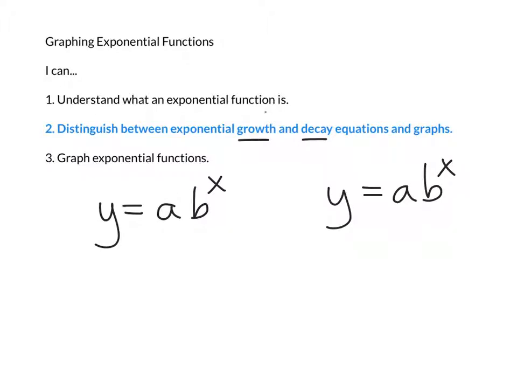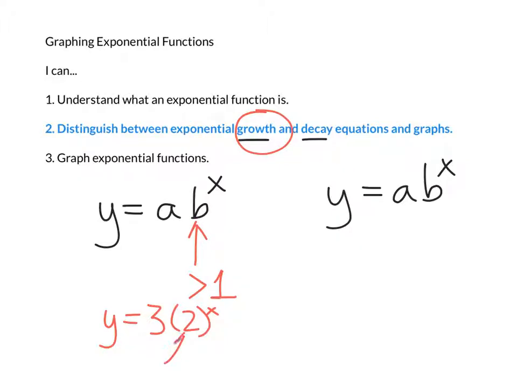If you have exponential growth, this number right here is a number that is larger than 1. So the example I used on the other page, y equals 3 times 2 to the x, start with $3 and then double it each day, that would be exponential growth. Notice this number right here is larger than 1.